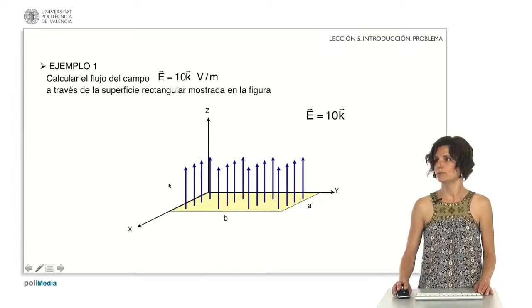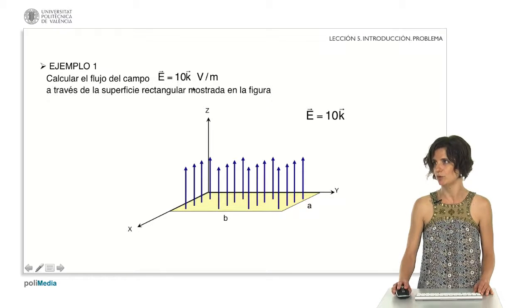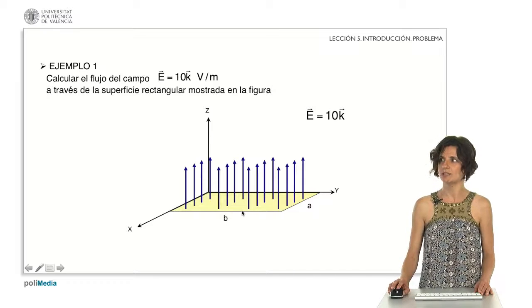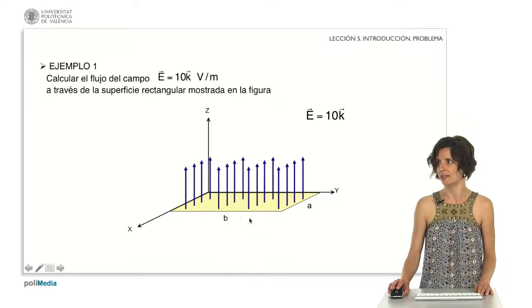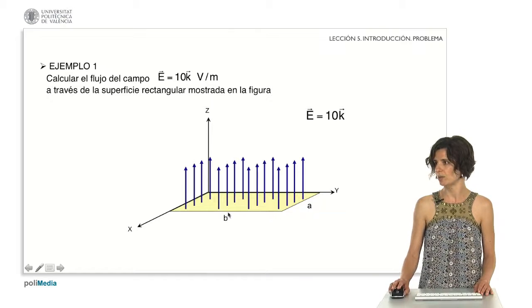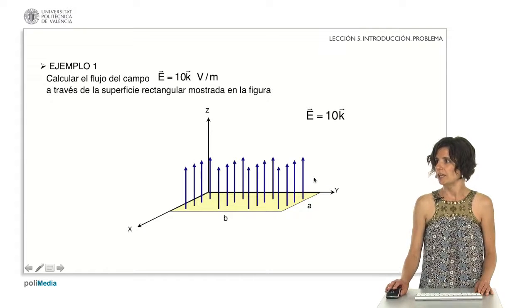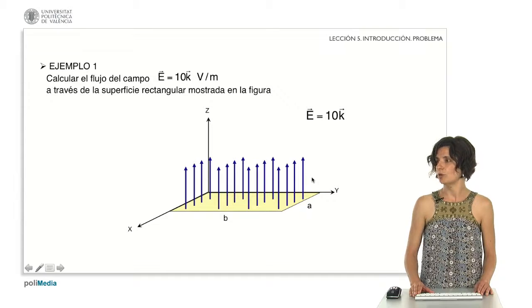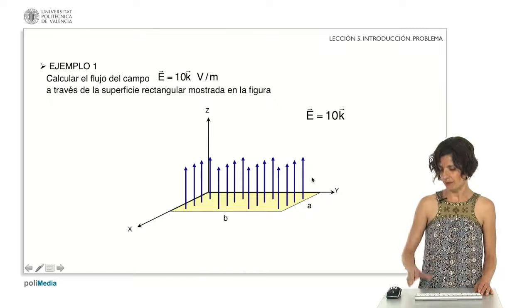Let's look at an example. Let's calculate the electric field flux of 10 volts per meter through the rectangular surface shown in the figure, the yellow-sided surface, a rectangular surface of sides A and B. It is a constant vertical upward electric field of modulus 10.